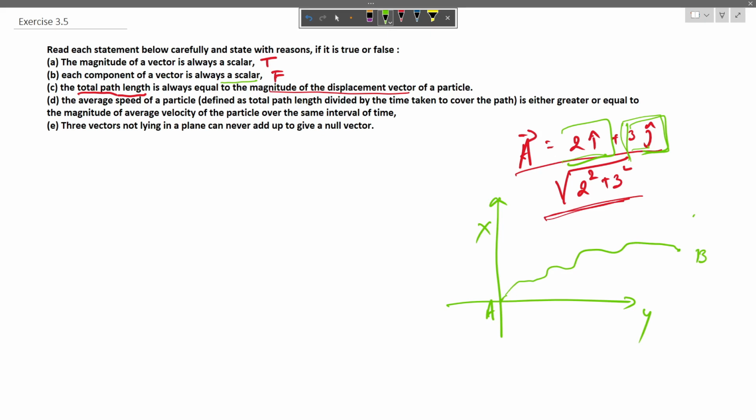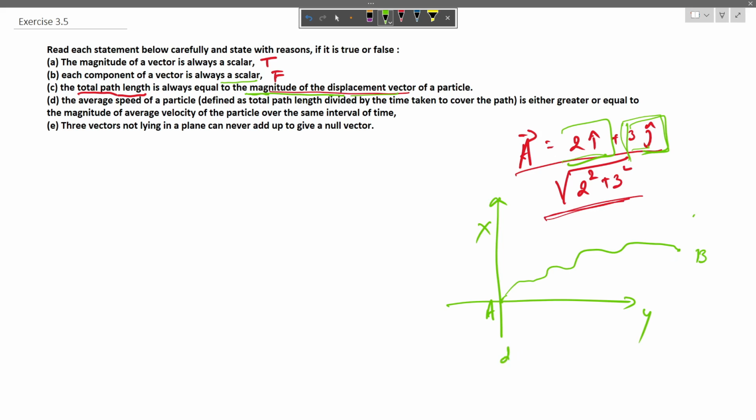Now we have to compare the magnitude of displacement with the path length. Displacement is defined as the difference in the position vector of initial and final.